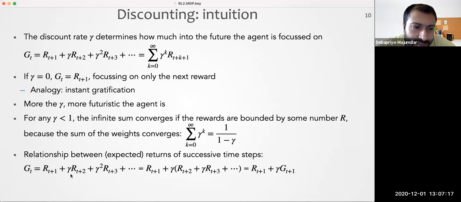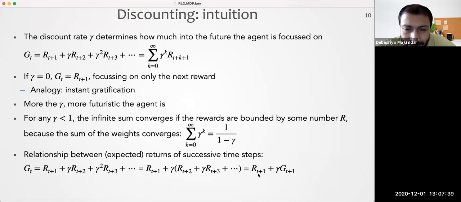What we can do is take gamma common here. Take gamma out from the second term onwards. So then r_{t+1} plus gamma times (r_{t+2} plus gamma r_{t+3} and so on). All the powers just reduced by 1 here, right? So then this thing is essentially G_{t+1}.